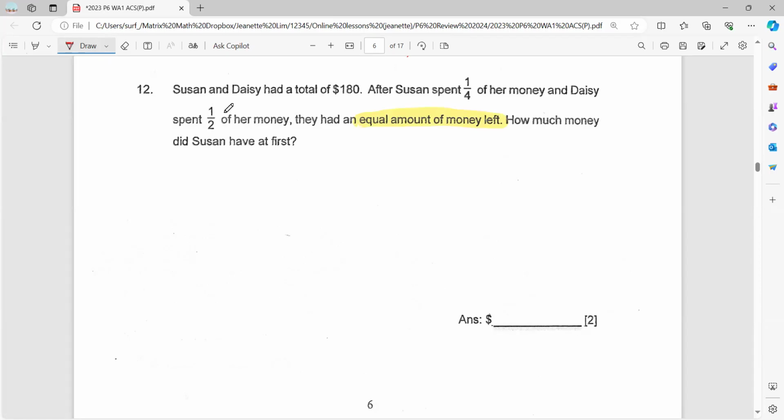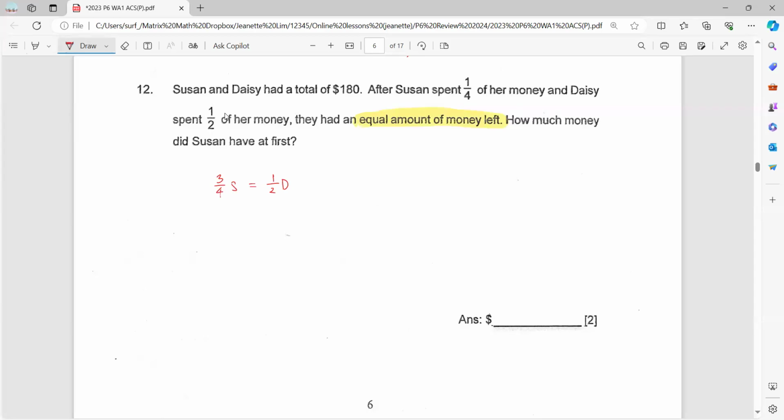We want to find out what is left. If Susan spent 1/4, she would have 3/4 left. So I want 3/4 of Susan. This is equal to Daisy's half of her money. She spent half, she would have half left.